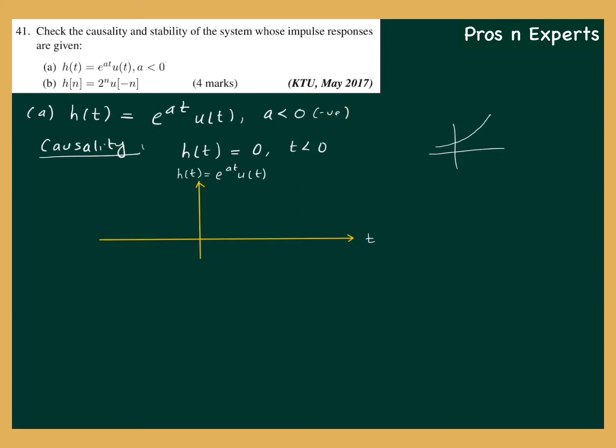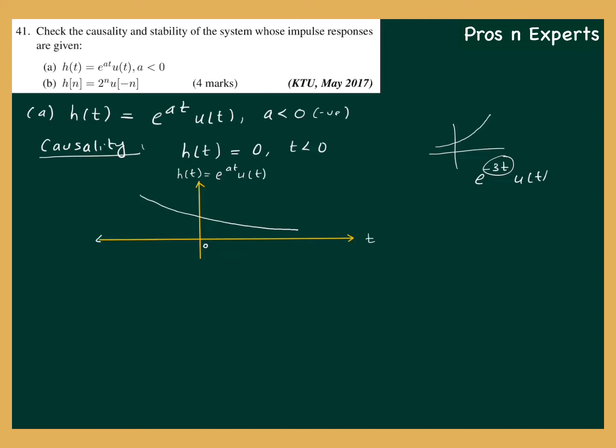So you are dealing with an exponential signal for a negative, like e raised to minus 3t u of t or something, right? Here a is negative. So e raised to minus 3t is an exponentially decaying signal, and the signal is of infinite duration, from negative infinity to positive infinity.